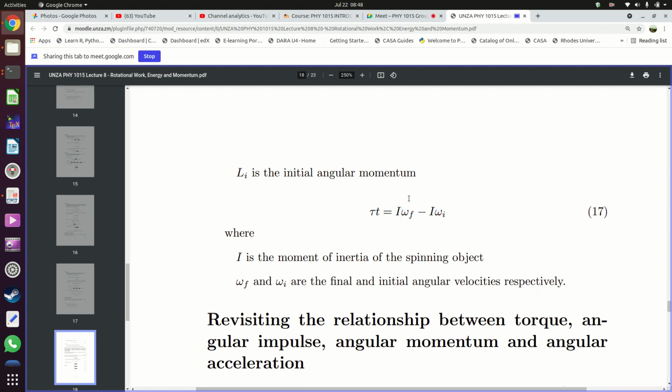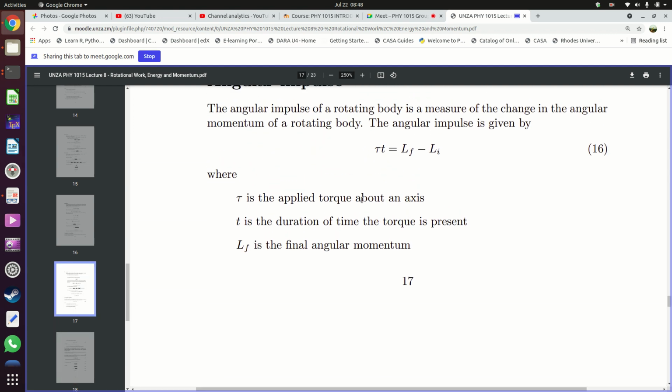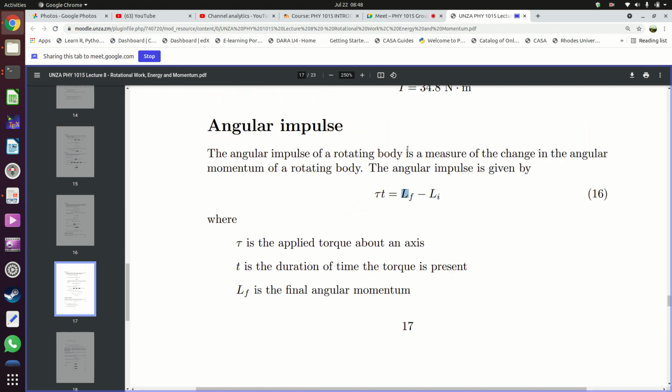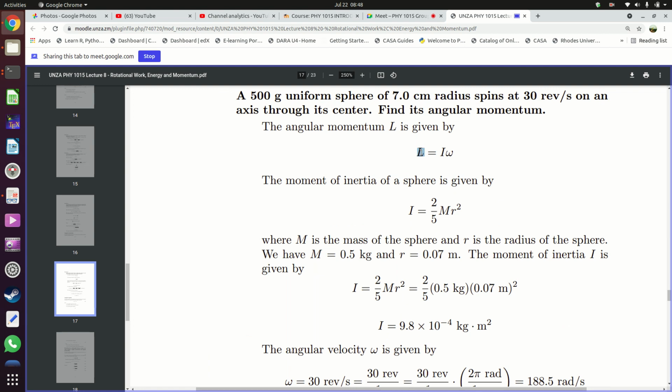Now, apart from this expression, we know that angular momentum can be expressed in terms of the moment of inertia and omega, like we have up here. Angular momentum, L, is equal to moment of inertia multiplied by the angular velocity.